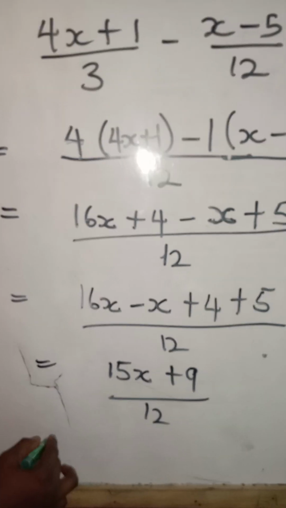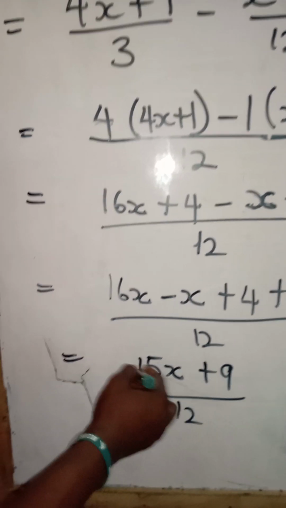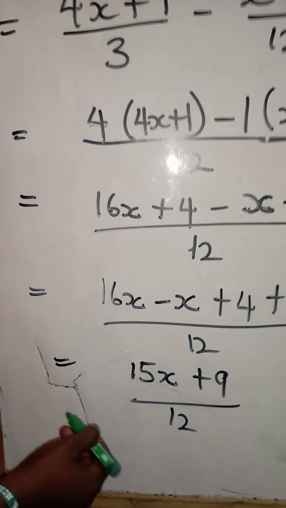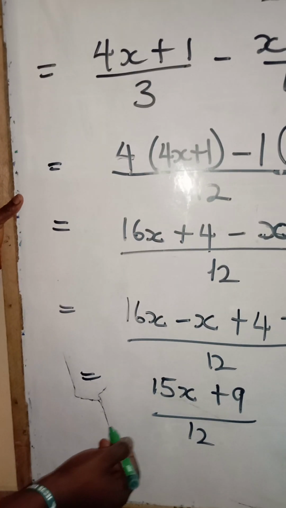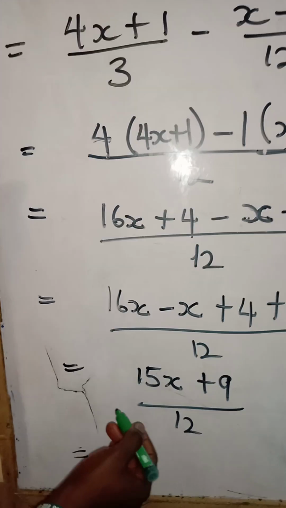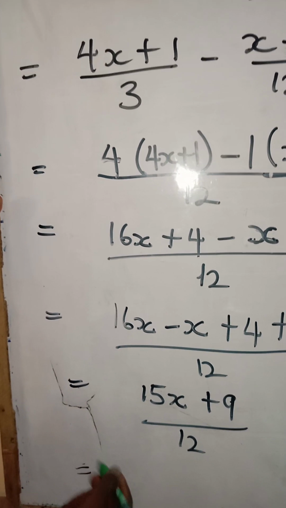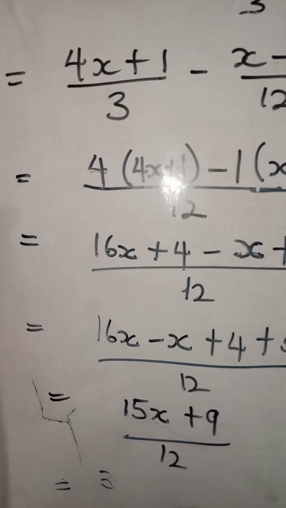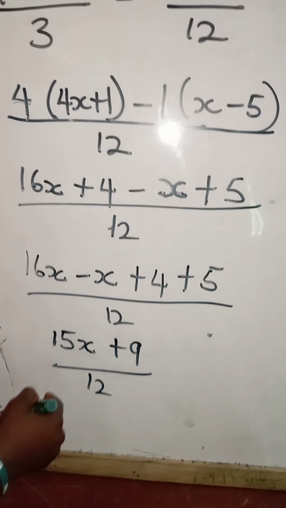To factorize your numerator, you look for a factor that divides the two numbers 15 and 9. What is the common factor there? Their common factor there is 3. The highest common factor there is 3.